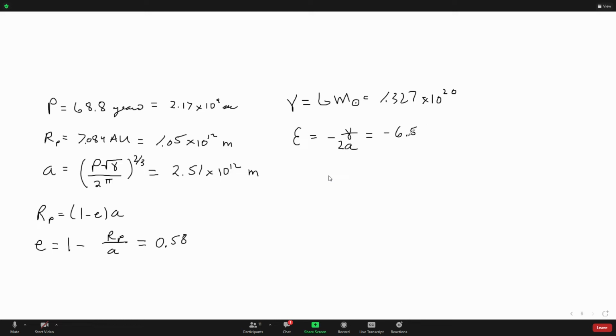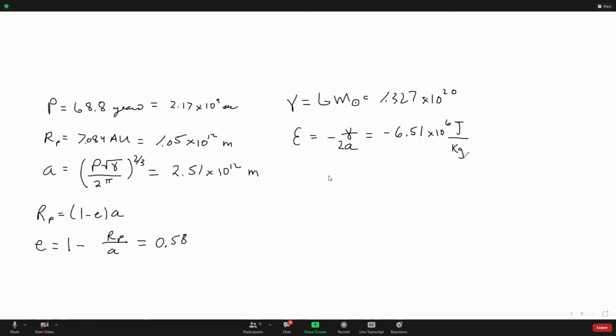Put in scientific notation with 3 significant figures. What is it? And the units of this are joules per kilogram because it's specific energy of the orbit.